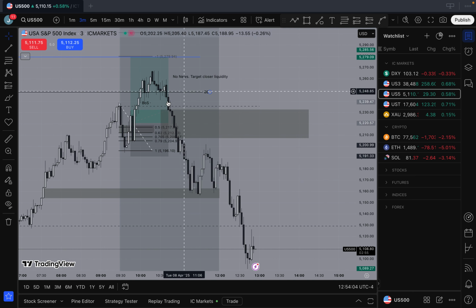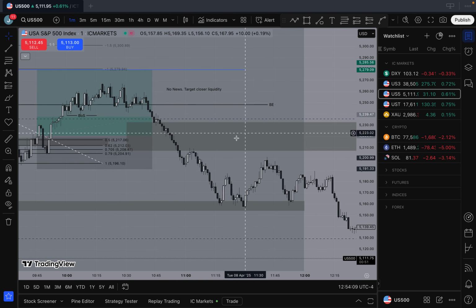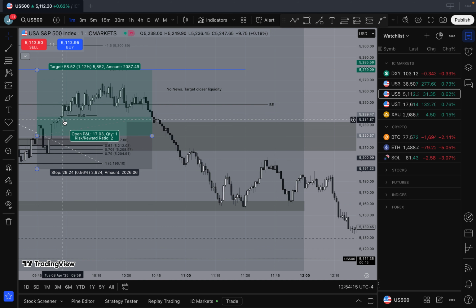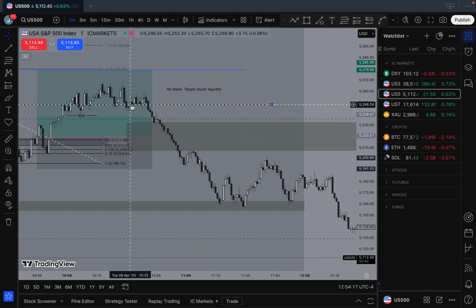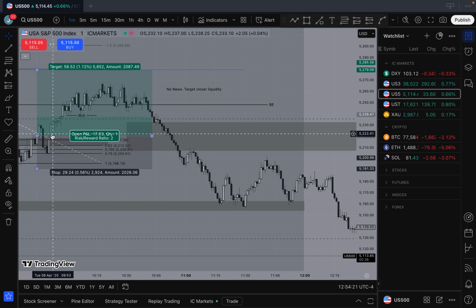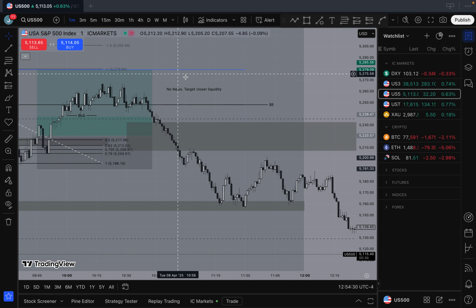I was looking whilst we were up here. Price did start to trade down a bit more. I was aware that we did have a breaker structure on the way back down. I'll show you that in the higher time frame. But the thing that kept me in this trade was this imbalance here. I was thinking we might get lucky and, you know, price comes down here and bounces back up for the final push.